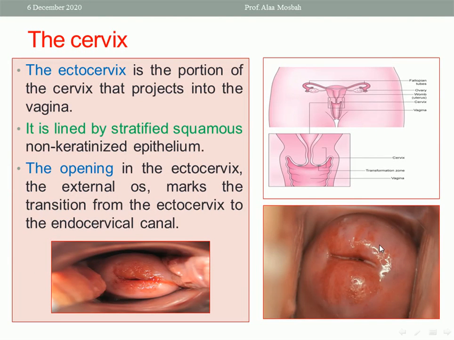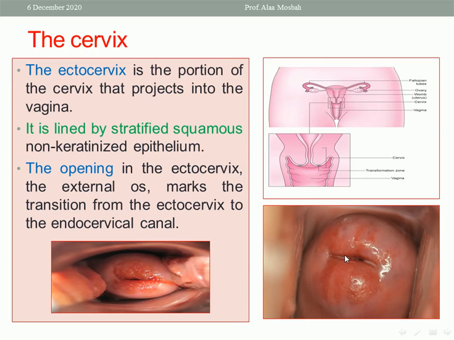This is the ectocervix projecting inside the vagina, and it is lined by non-keratinized stratified squamous epithelium. This is the opening of the cervix, the external os, slit-shaped in multipara and round in nullipara.